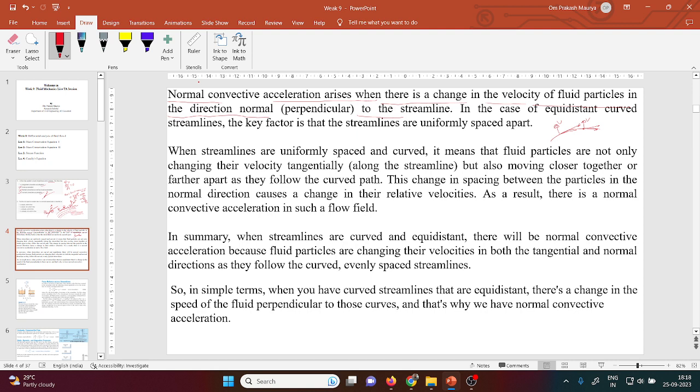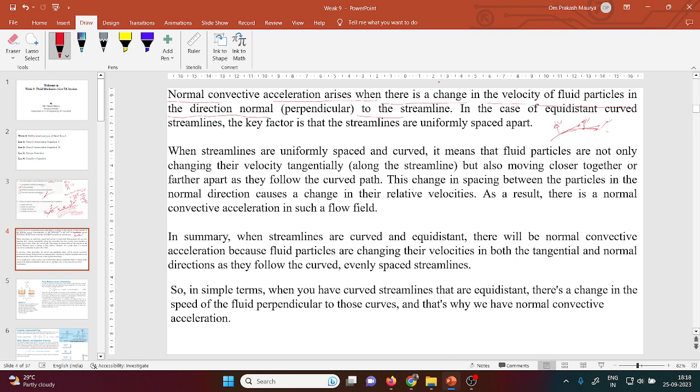So the velocity is changing, at that point the direction was changed, perpendicular to the streamline.